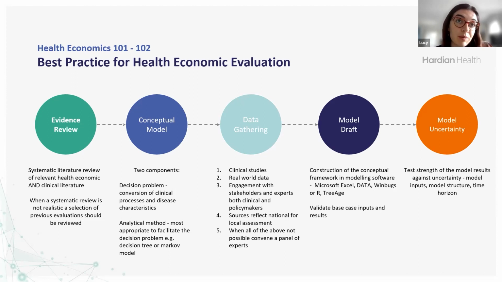But when it's not realistic or possible to do a systematic literature review, it's still important to review literature, but in a systematic way. So at Hardian, we conduct what we call targeted literature reviews, where we identify a small selection of key literature, still using search strings and the relevant search engines like you would do in a systematic literature review, only we're not covering all the literature as per a systematic approach. And once you've done that, move on to the conceptualization phase of the evaluation.